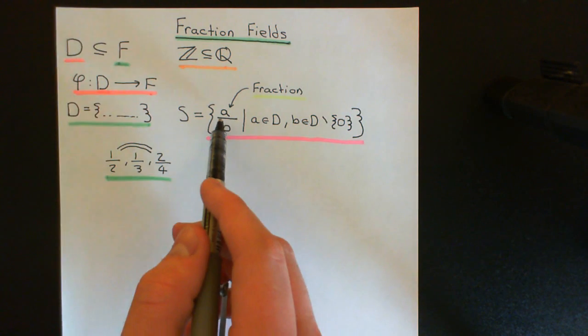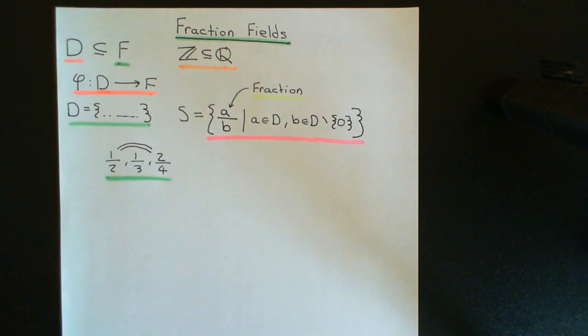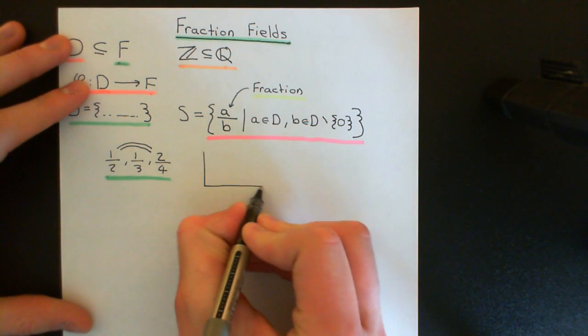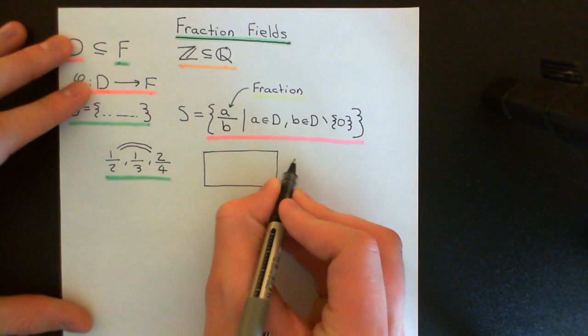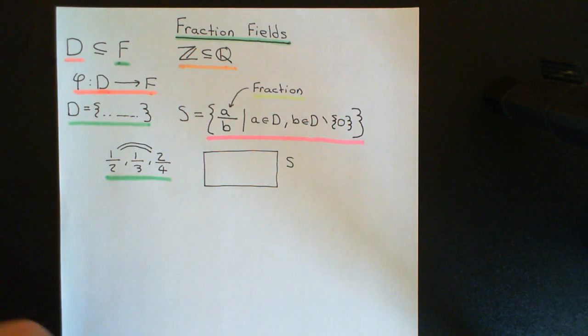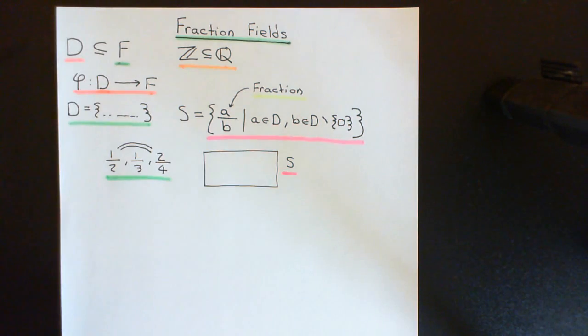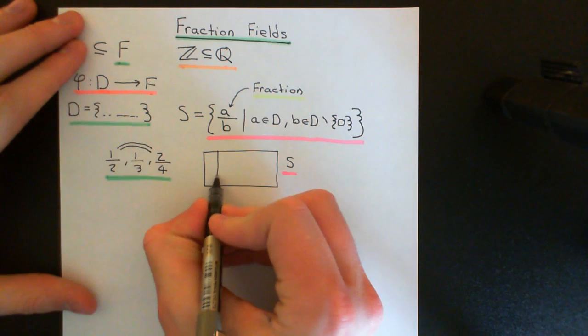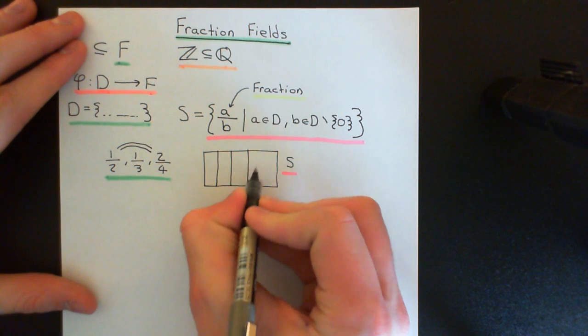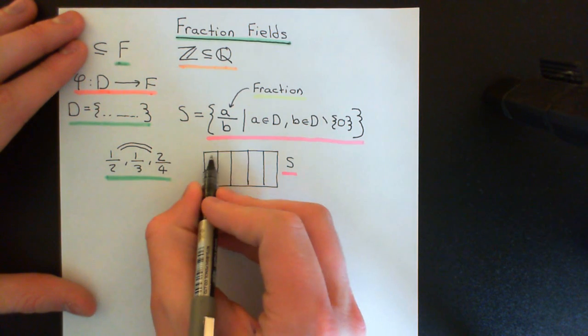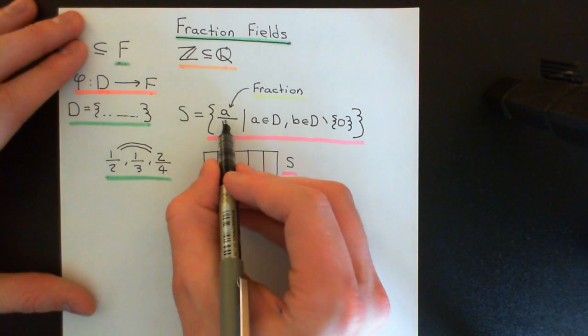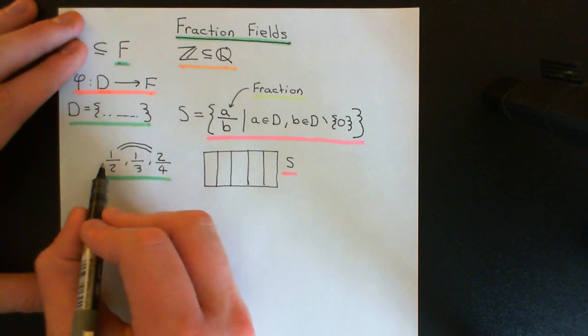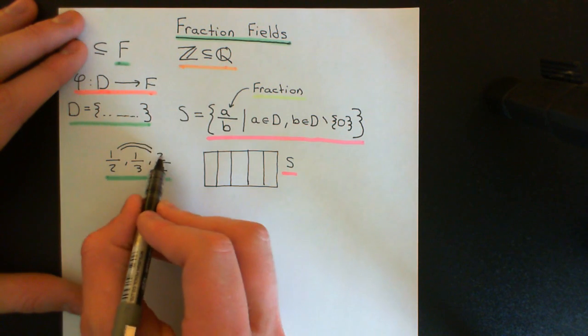So we are going to partition this set up into lots of little subsets. To draw a picture of this, here is our great big set capital S here. What we now want to do is partition it up into subsets. So we want to chop it up like so into subsets, and we want these subsets to contain all fractions that we are thinking of as being equivalent, like a half and 2/4.